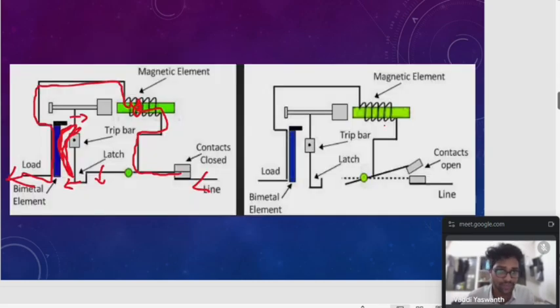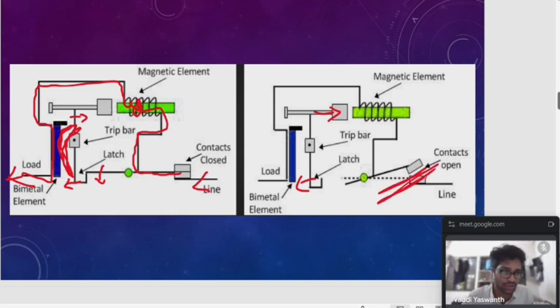Here you can see when more excess current flows, the electric field generated around this solenoid will also be more. Due to the influence of that electric field, this plunger will be attracted, and as this moves like this, ultimately the contact opens.